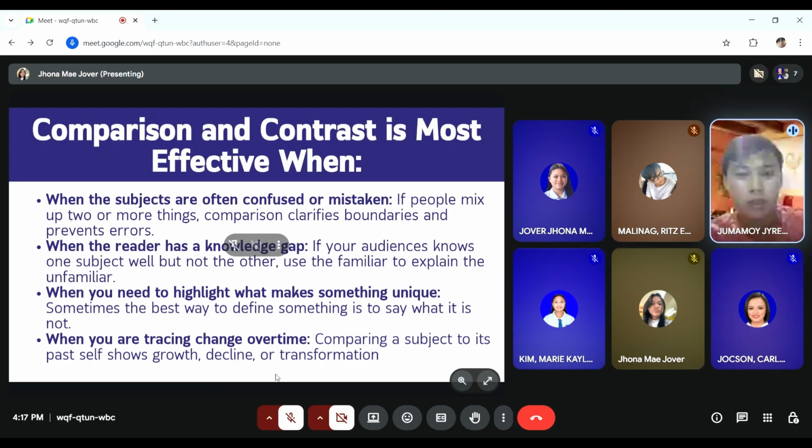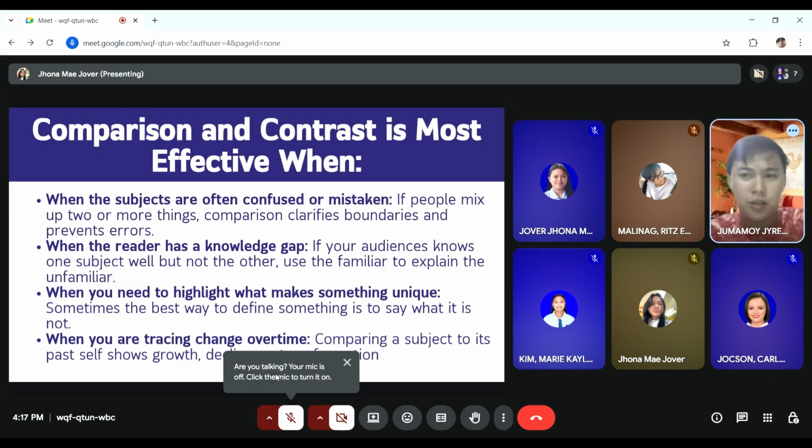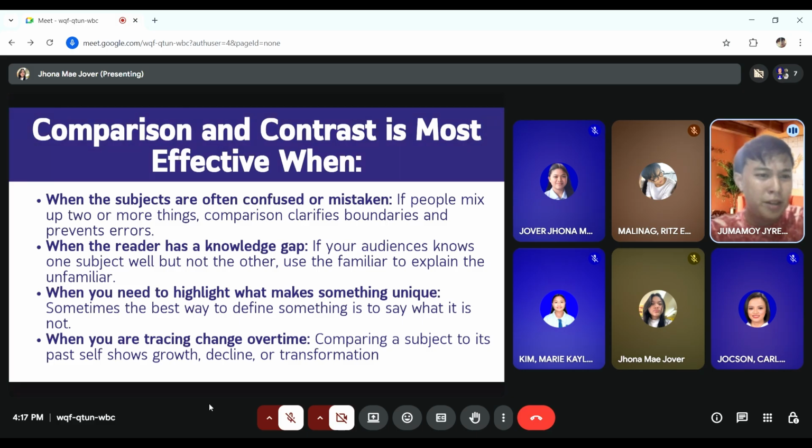So, good day everyone. Today I will be explaining how comparison is used in English to clarify meaning, reduce confusion, and show language change. The first one is when the subjects are often confused or mistaken. If people mix up two or more things, comparison clarifies boundaries and prevents errors.